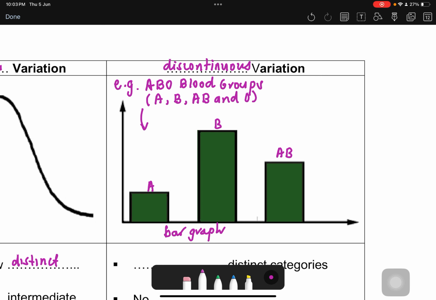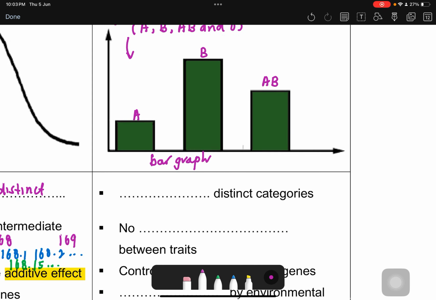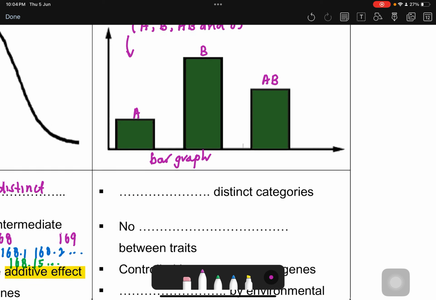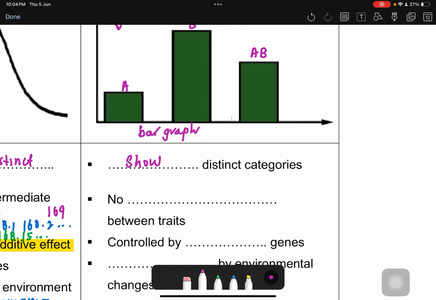and so forth. So characteristics that are examples of discontinuous variation show distinct categories, right? And there is no intermediate between the traits.